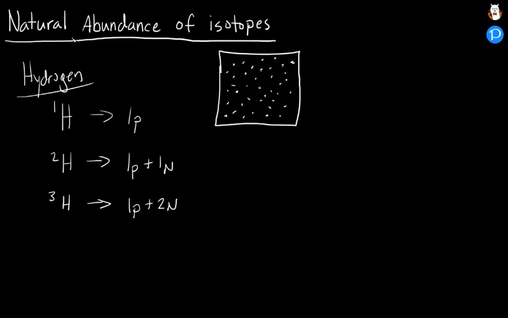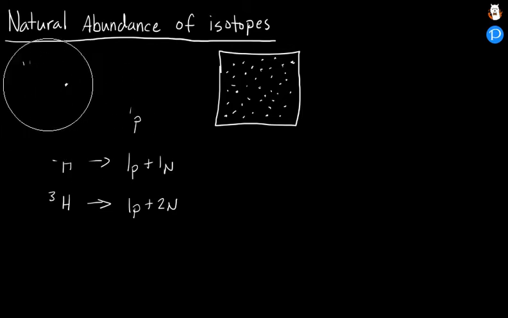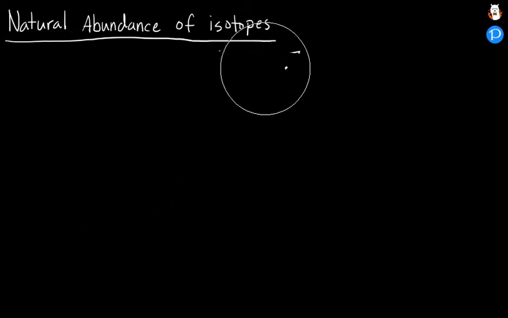So for example, let me erase this. Let's do an example of potassium. Let's say I were to take a banana, which has a lot of potassium in it. Let's say I were to take all the potassium atoms out of that banana and analyze the different isotopes in that potassium.